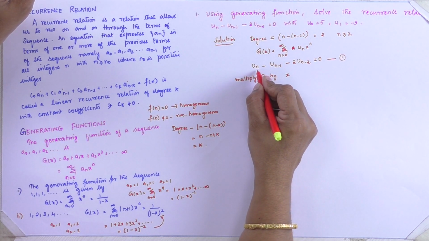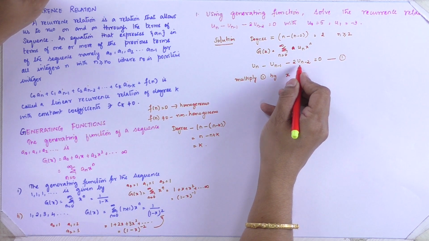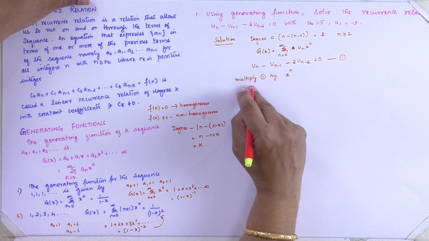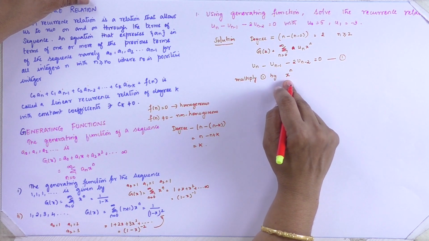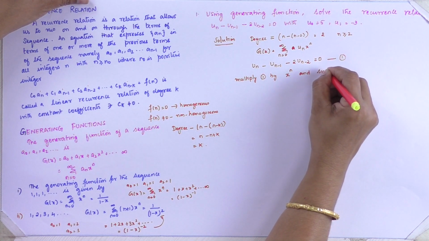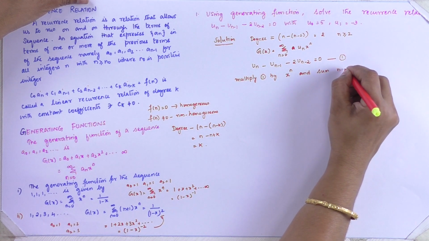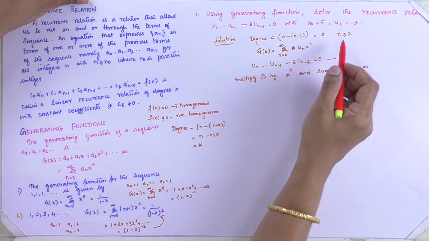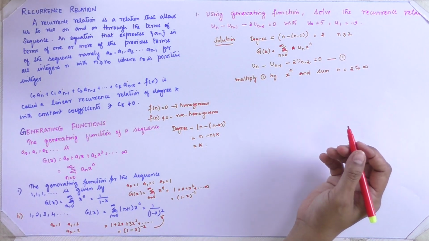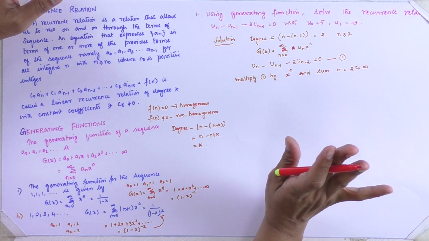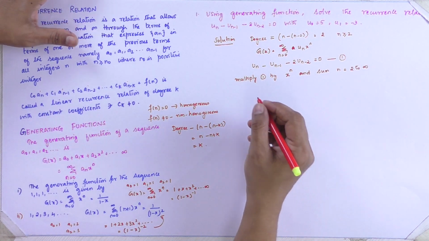Power should be the greatest subscript. Least is n minus 2, n minus 1 and the greatest is n. So that is why I will have to multiply this by x to the power of n and sum it from n is equal to 2 to infinity. Since n value is not given, I have found it by just finding out the degree. So it will be true for all n greater than or equal to 2, then I will have to sum it up.